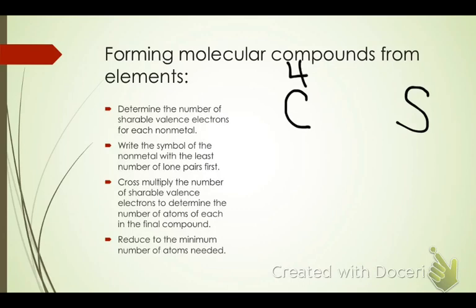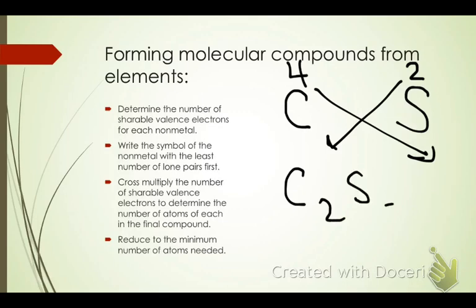Carbon has 4 valence electrons that it needs. Sulfur needs an additional 2. So if you were to cross multiply, you would get C2S4, and we can reduce that to CS2.